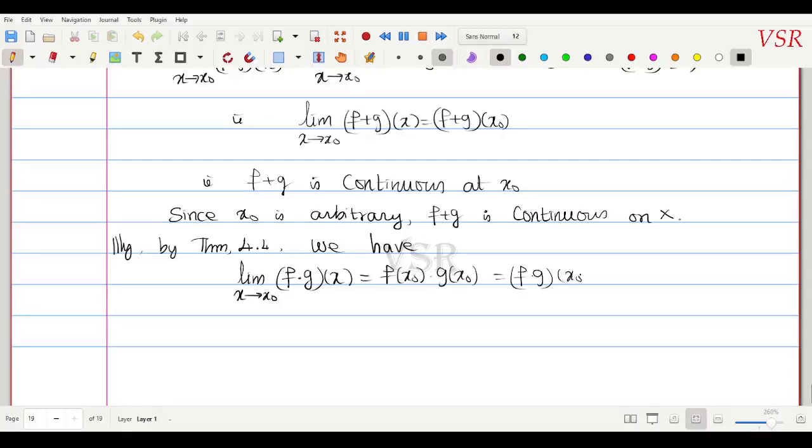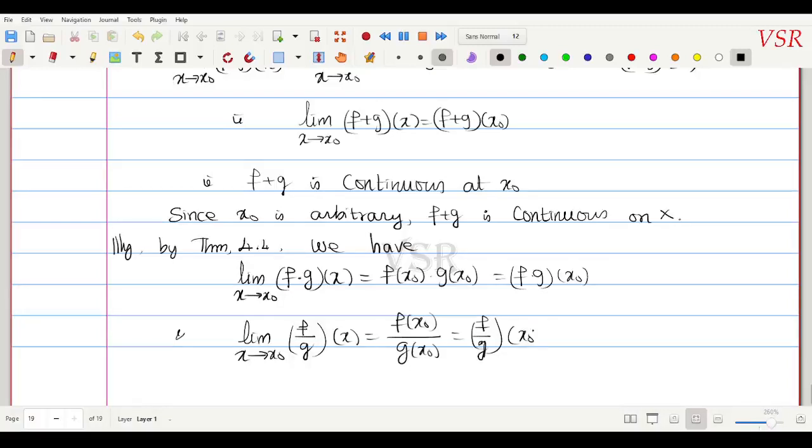And limit extending to x naught of f divided by g at the point x is equal to f at x naught divided by g at x naught, which is equal to f by g at the point x naught.